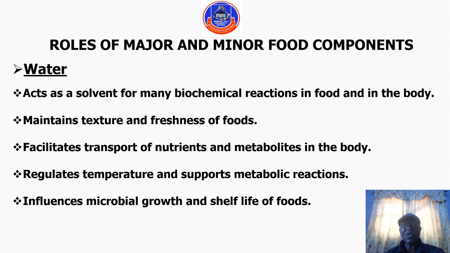Note that the more water a food contains, the more easily it gets spoiled, and the lower the shelf life. On the other hand, a food that is dried lasts longer than the one that has more water in it.